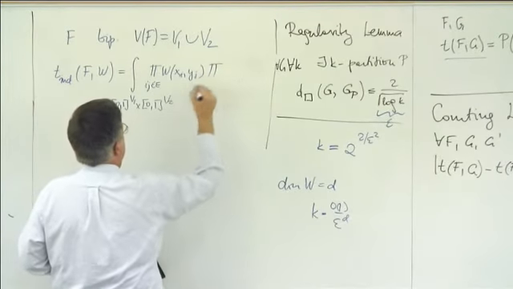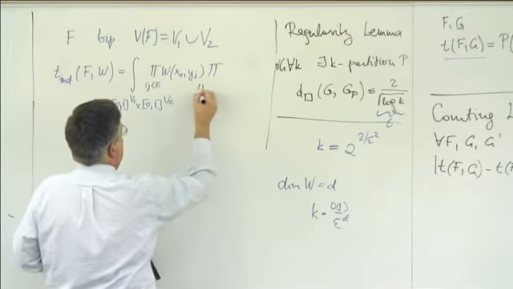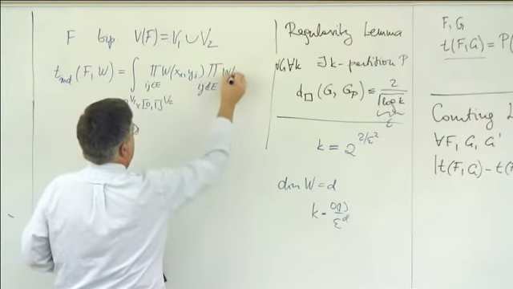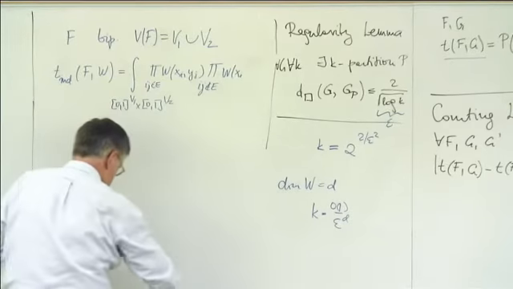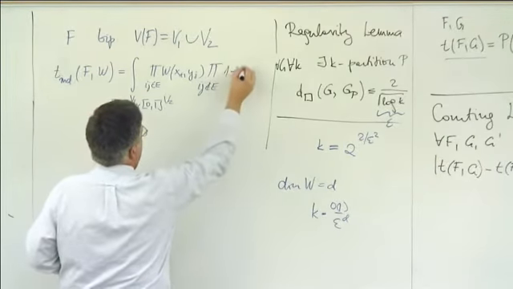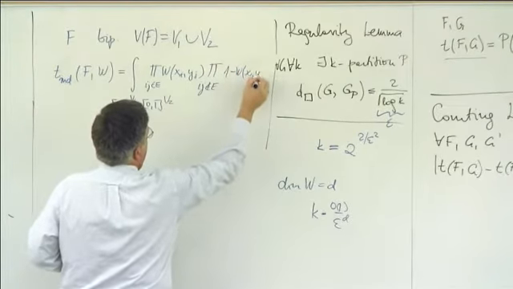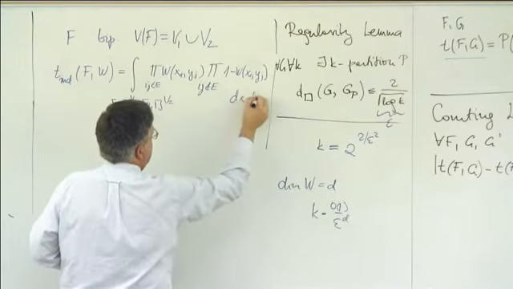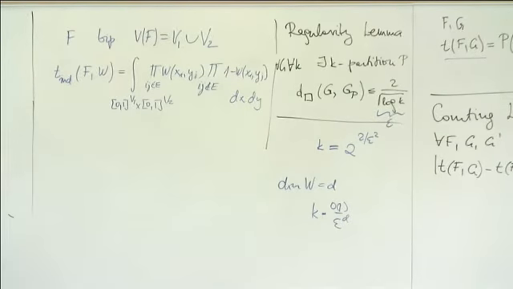But I also put here a product over the non-edges of 1 minus W(xi, yj), and then I integrate with respect to all variables.